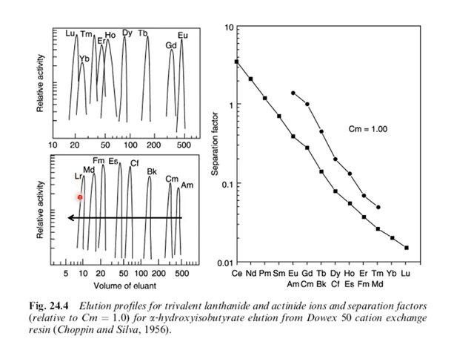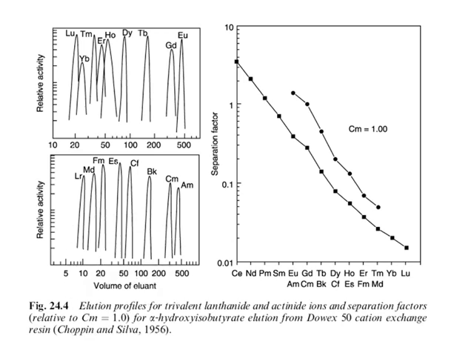The heavier lanthanides and heavier actinides elute first. From the actinide and lanthanide contraction, we know that these have the smaller metal ions. So the elution here is not a charge-based separation, but an ion exchange-based separation.